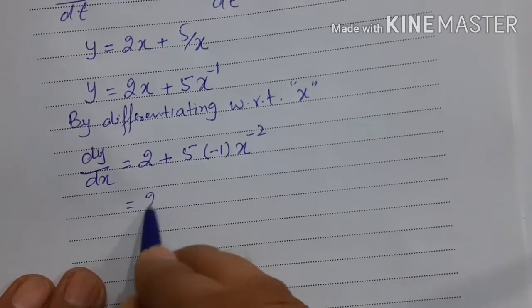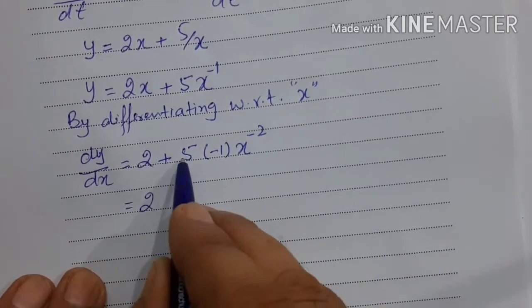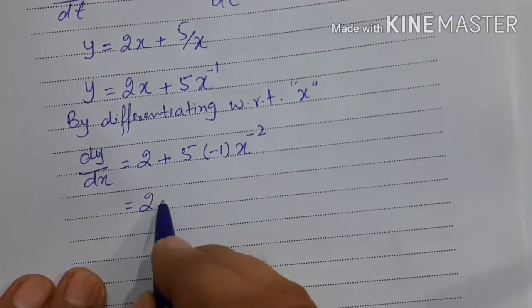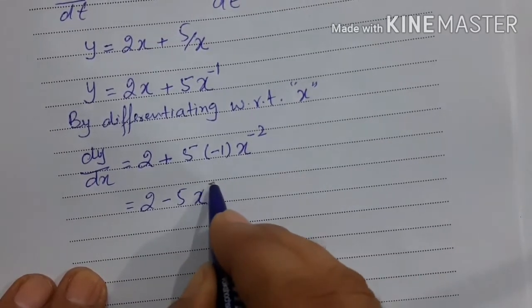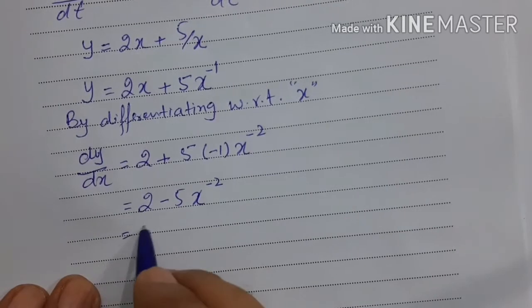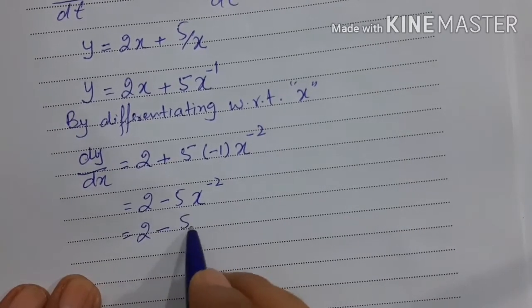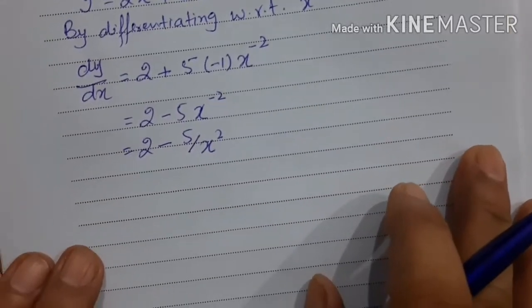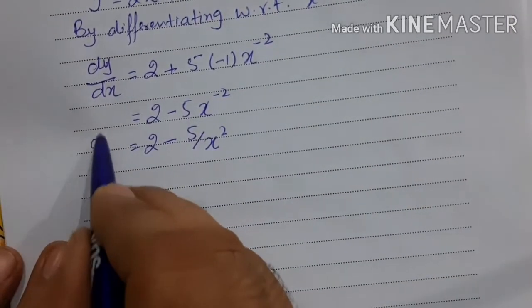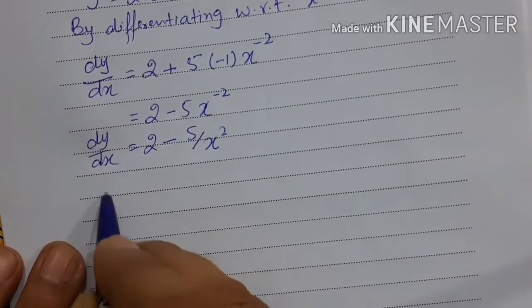So this will become 2, plus 5 multiplied by minus 1, this will be minus 5 into x raised to power minus 2, which can be written as 2 minus 5 over x square. So this is dy by dx.